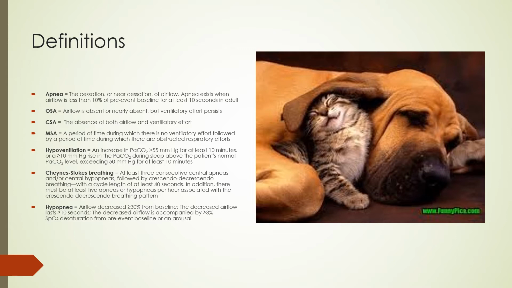The important part of that is the 10 seconds. Apnea, 10 seconds. Those two should be in your brain, right? So either a complete obstruction or near complete obstruction; 90% obstruction is still considered apnea.